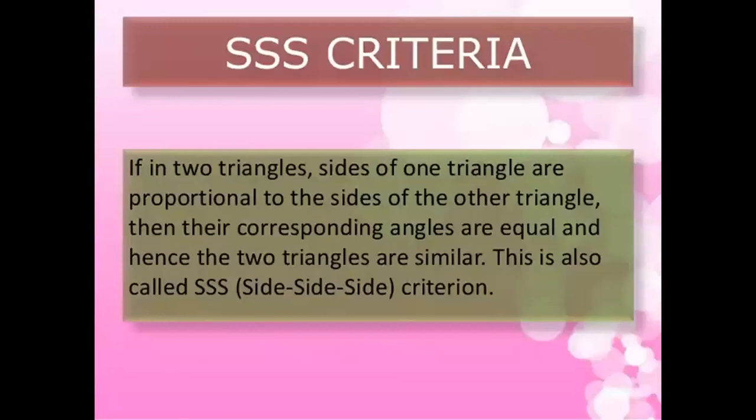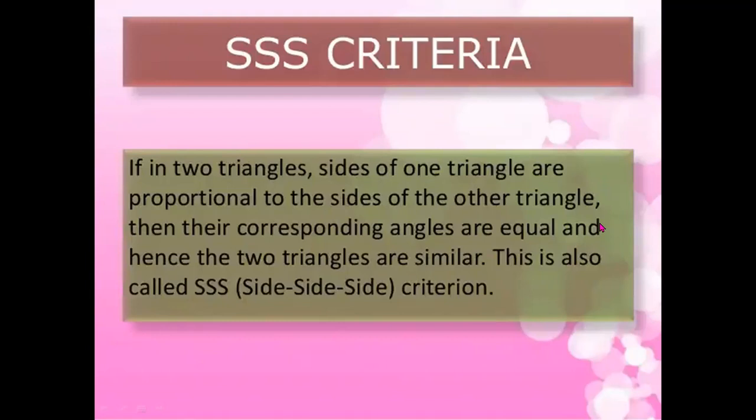Okay, please read, Kaimuk. If in two triangles sides of one triangle are proportional to the sides of the other triangle, then the corresponding angles are equal and hence the two triangles are similar.